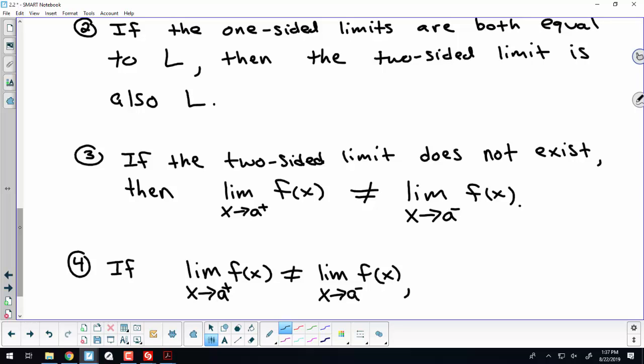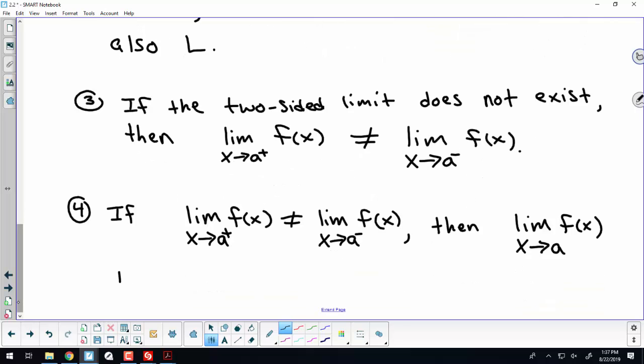What if the one-sided limits aren't the same? Then the two-sided limit does not exist.